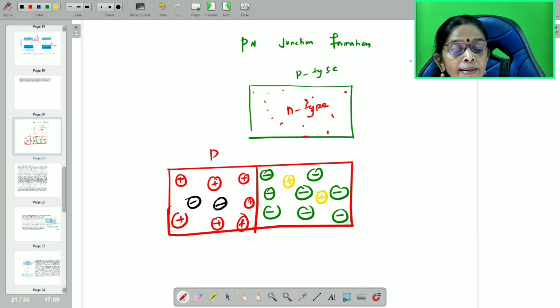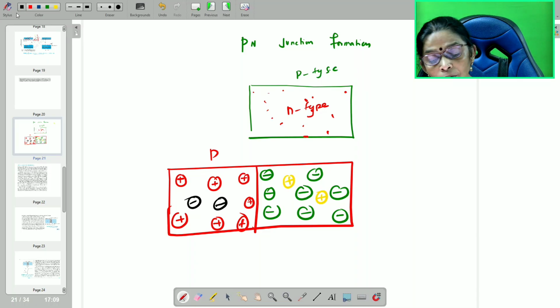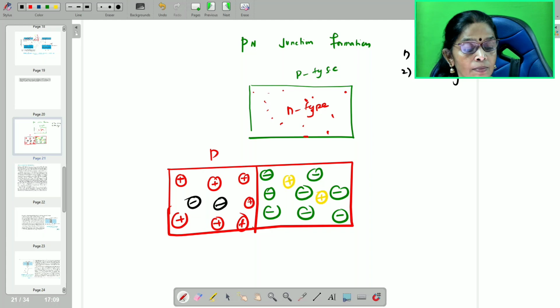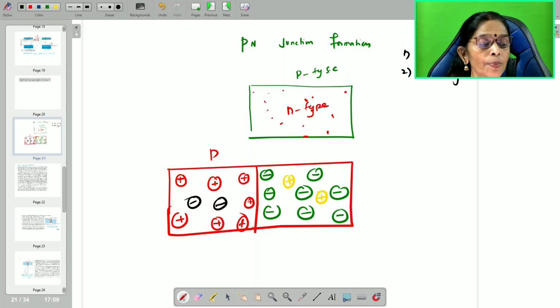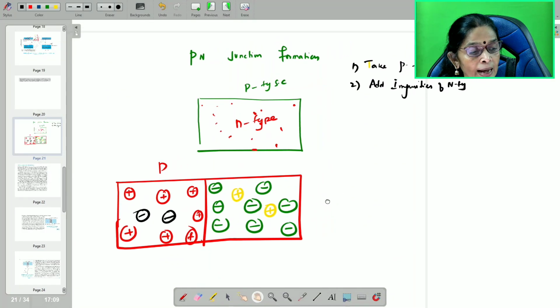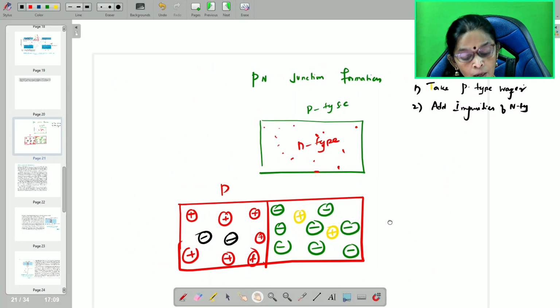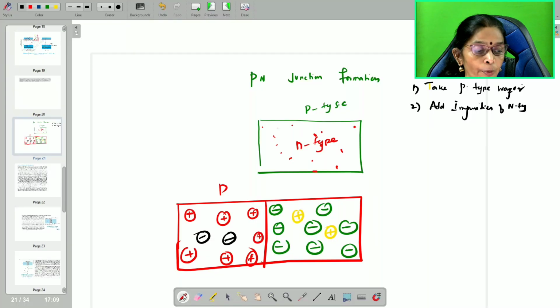Take a p-type wafer. Now add impurities of what? Add impurities of n-type. Take p-type and add impurities of n-type.